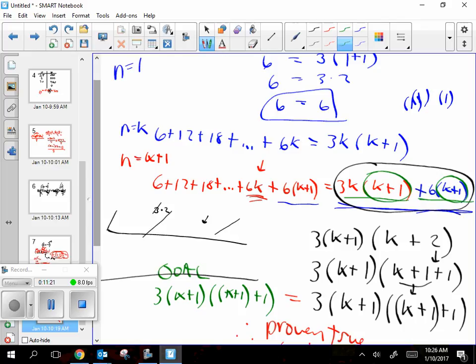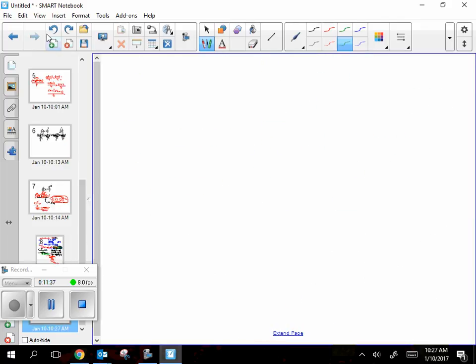All right. They also have a 3 in common, because I think of this 6 as 3 times 2. Now do you get they both have a 3 in them, just like they both have a k plus 1 in them? It's kind of like this. Would you agree that both of these terms have an a in them? So I can factor it out. Do you agree they both have a 2 in them?